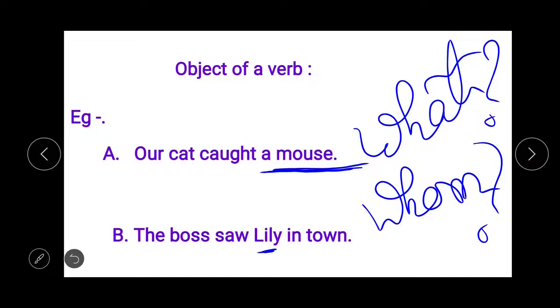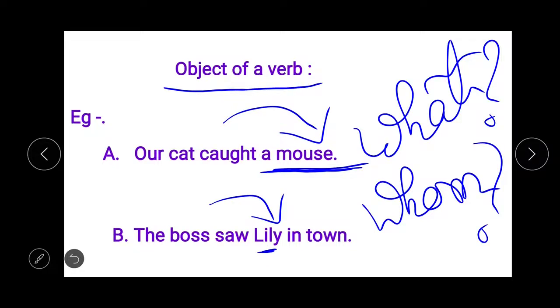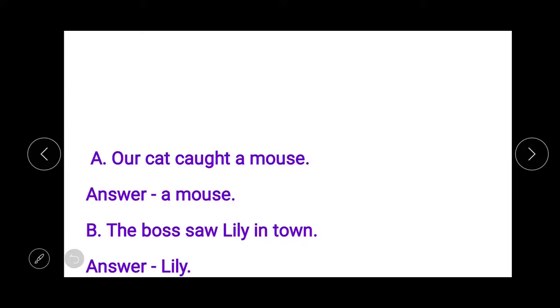So student, these words, a mouse and Lily, which we got after questioning with the question words what and whom, are our object of the verbs. Here student, I know that you know that the verbs are caught and saw, and the object of these verbs are mouse and Lily. So here I have included the answers, means the objects.